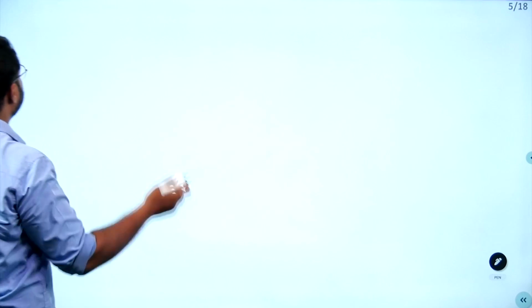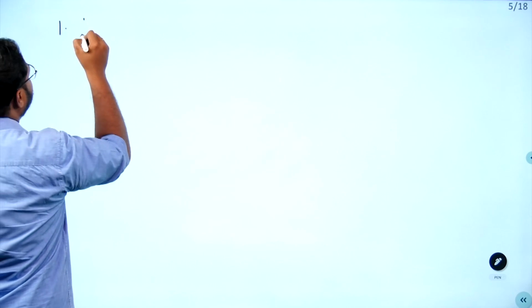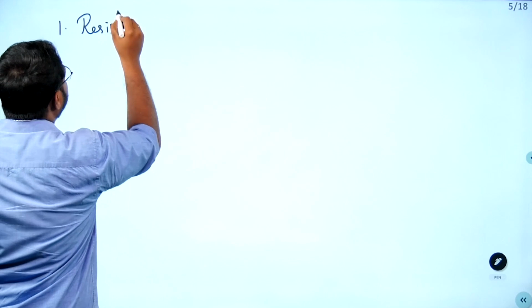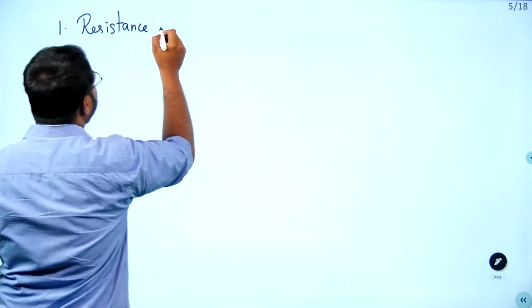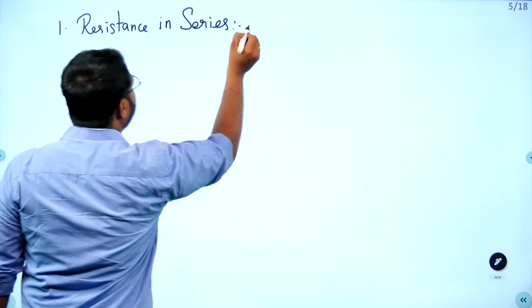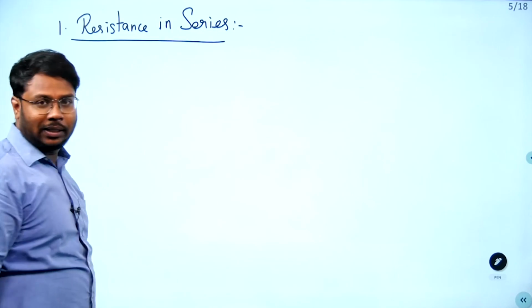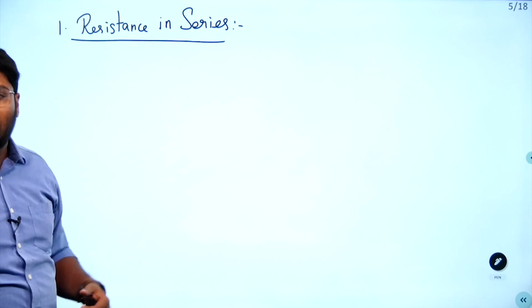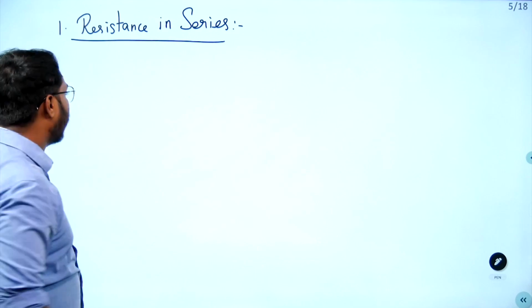I am going to show you how it works. First one, putting the resistance in series. So what happens if we put such resistance in series, and how to calculate the cumulative resistance offered by them?